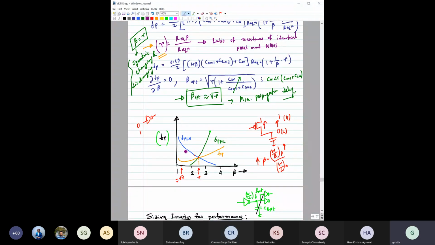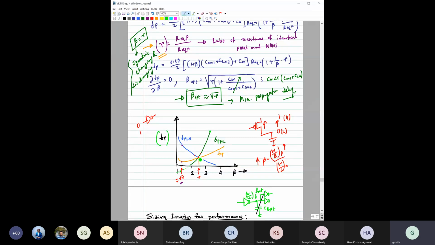Right, exactly. See here, this is root R. For root R, this is the TPLH, and if I had plotted this one here, this would be the value of TPHL. See the difference between TPLH and TPHL. That is huge, right?